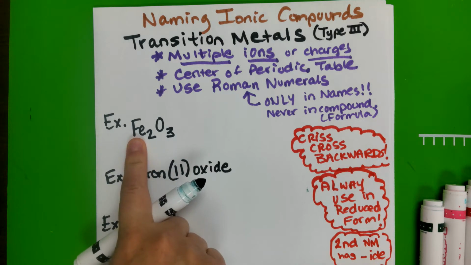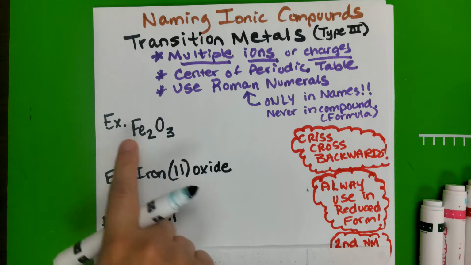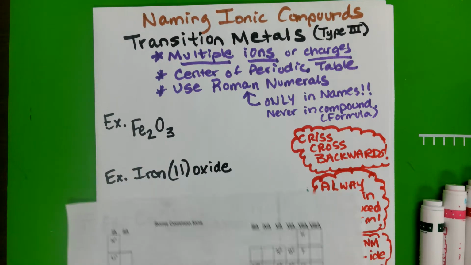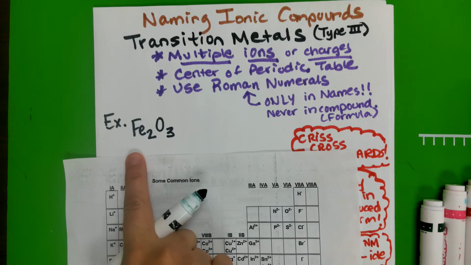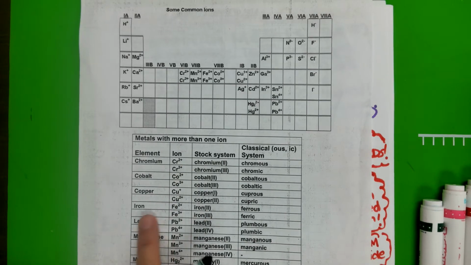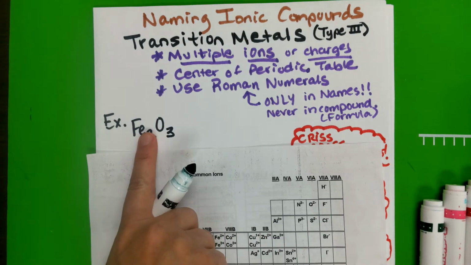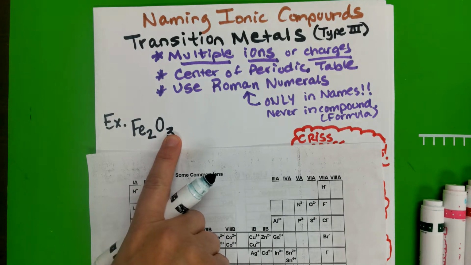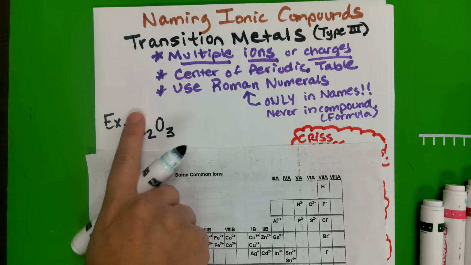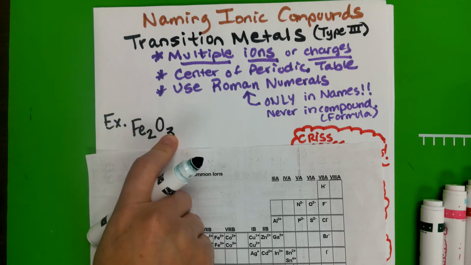Okay, so first we're going to be writing down, if I give you the formula, Fe, oh, Fe is iron. But is it iron 2 or is it iron 3? Since in here we already applied the crisscross, remember that the charge that whatever this one had, you had to send it to oxygen.